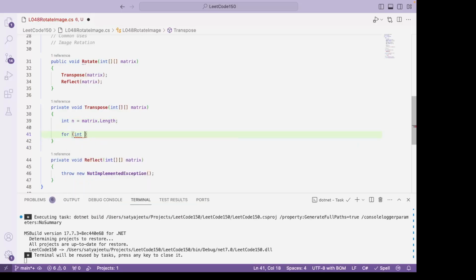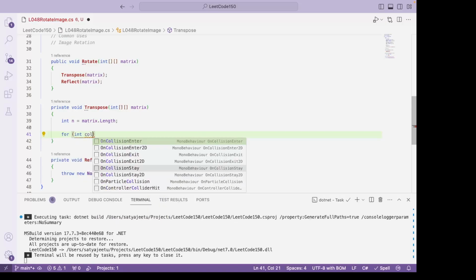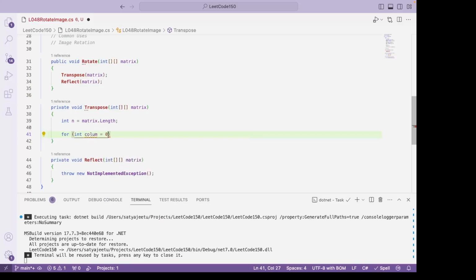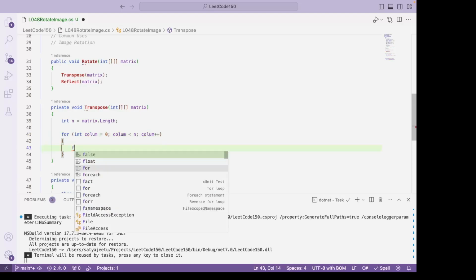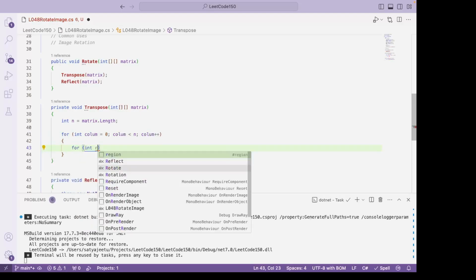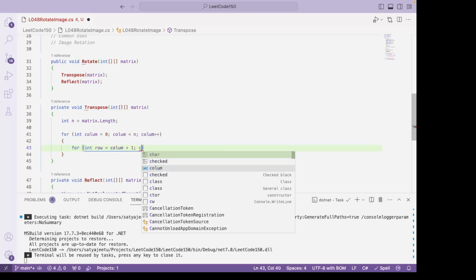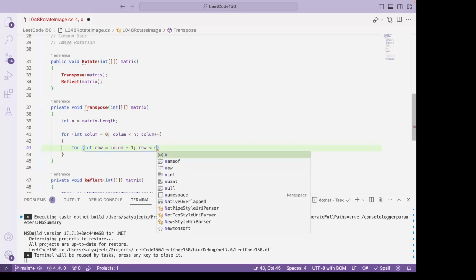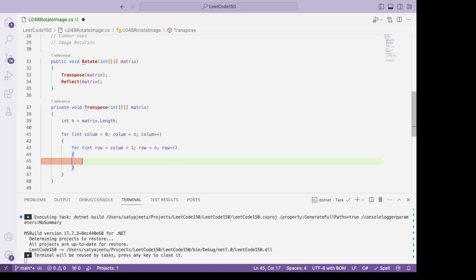For int column equal to 0, column less than n, column plus plus, and inside that, for int row equal to column plus 1, row less than n, row plus plus. So what are we trying to achieve?